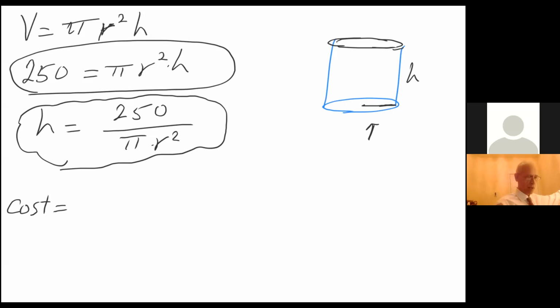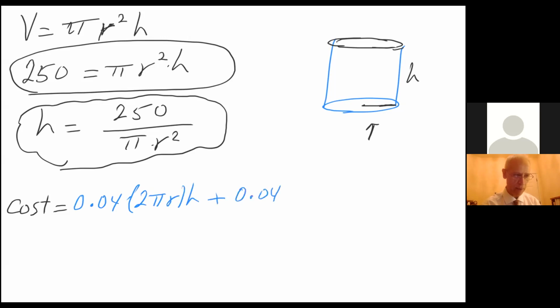And the cost of material was 0.04. So for the side, I'm going to write 0.04 times 2 pi r times the height, plus the cost of this bottom, which was 0.04 times pi r squared for the area of the base.